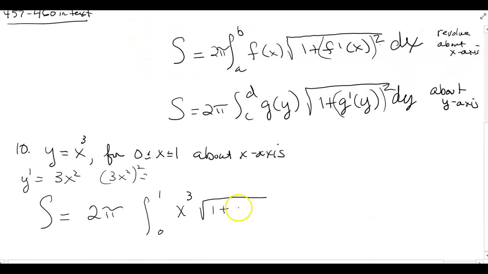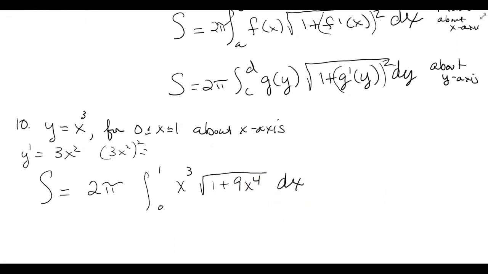All right, so when we square that, we get 9x to the 4th dx. Here's what's nice: these problems almost set you up perfectly for u substitution because you can kind of see right here if we let u be 1 plus 9x to the 4th, du is 36x cubed dx.